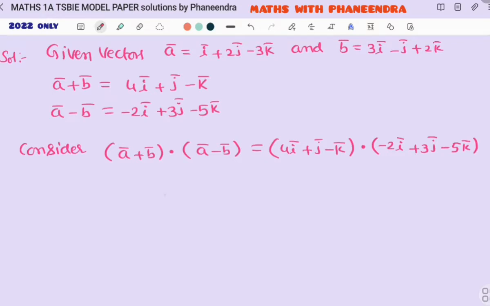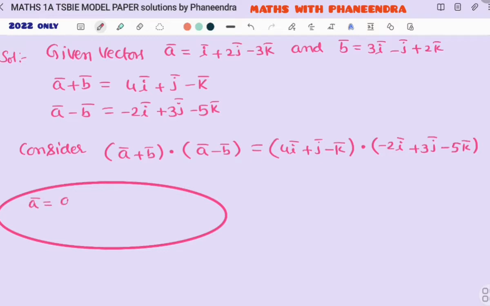For the dot product of two vectors we also need to know that if A bar equal to a1 i plus a2 j plus a3 k, B bar equal to b1 i plus b2 j plus b3 k, then A bar dot B bar equals a1 b1 plus a2 b2 plus a3 b3.